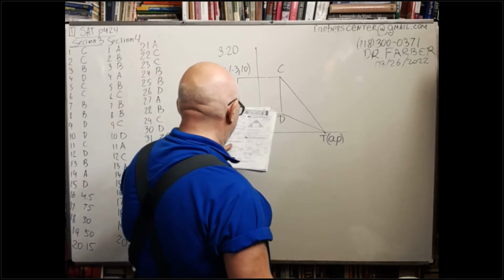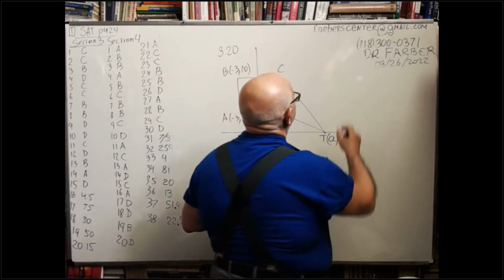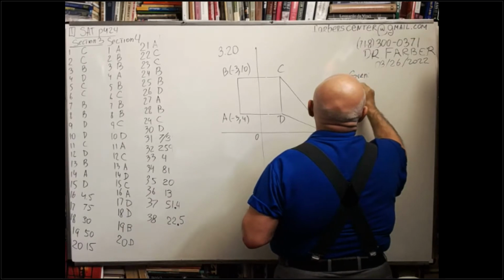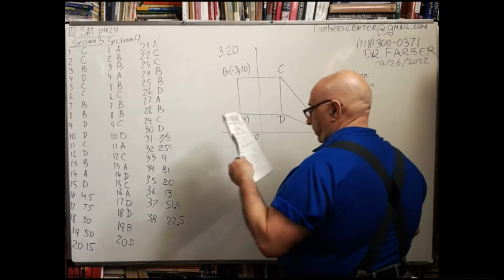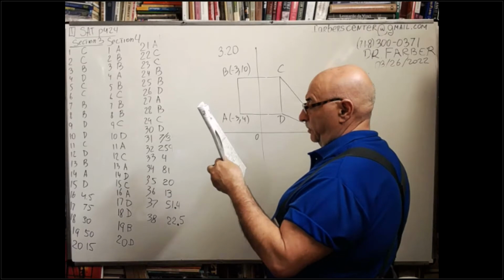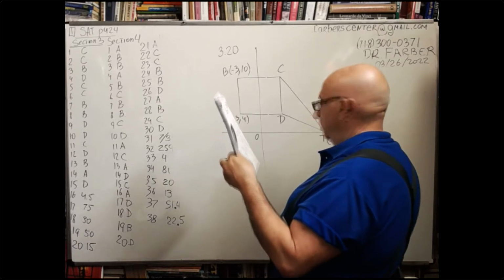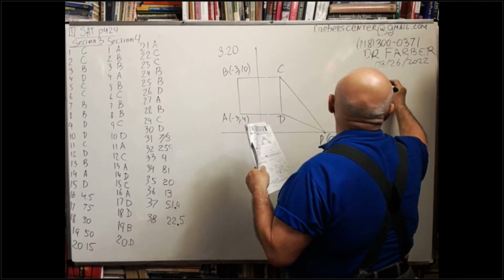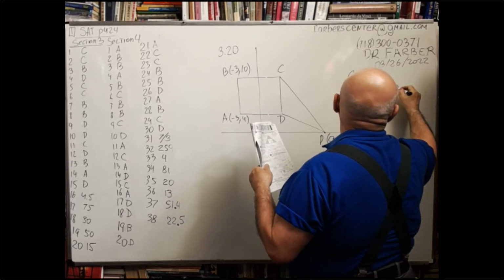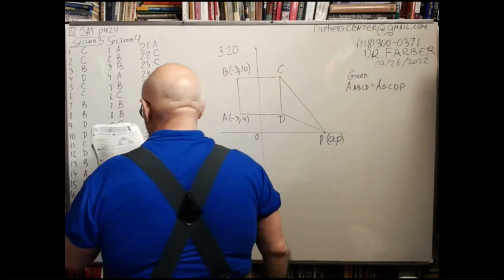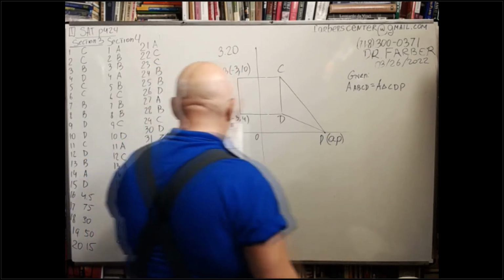The area of ABCD equals the area given. Area of ABCD equals what? Equals the area of triangle CDP. CDP, this is P, not T. Area of triangle CDP. And they ask you to find the value of A.